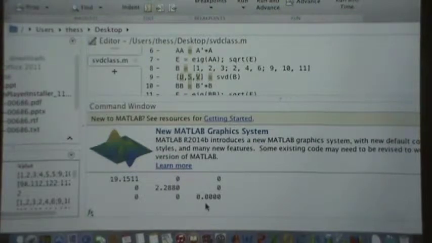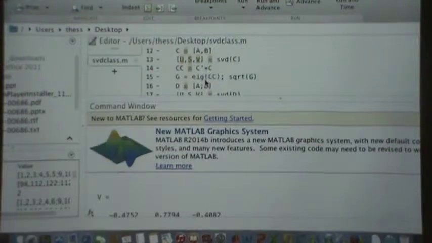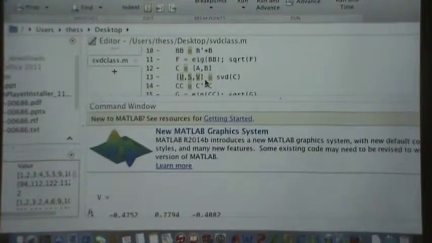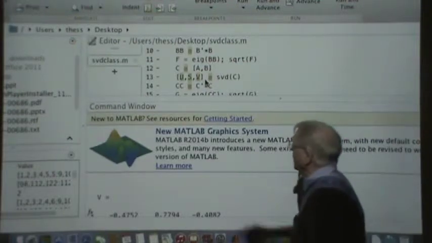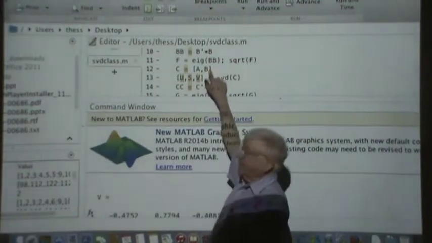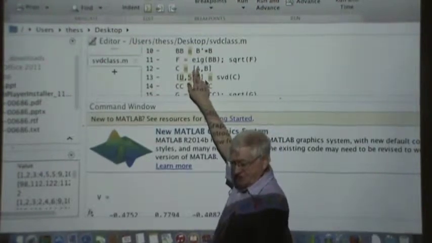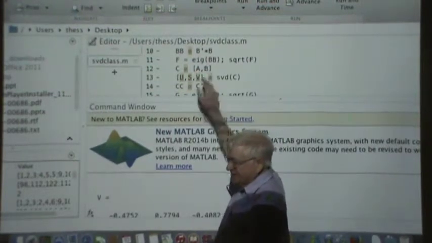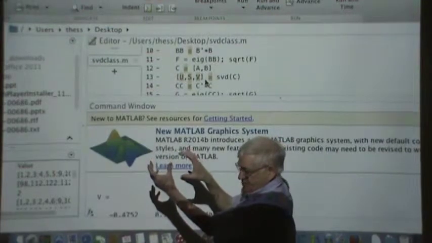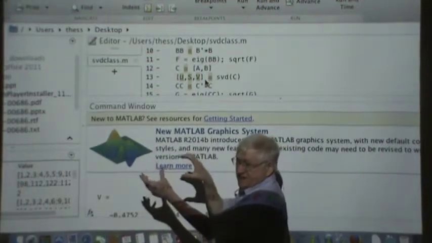So that's just an illustration of that. Now the next thing I did was I set C equal to A comma B. A comma B is a clever MATLAB notation that says it takes the 3x3 matrix A, and next to it puts the 3x3 matrix B. So you've got a 3x6.